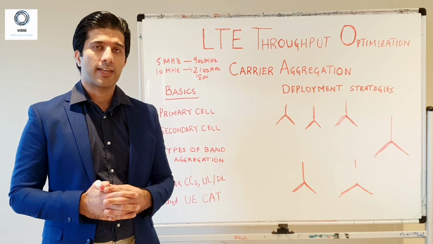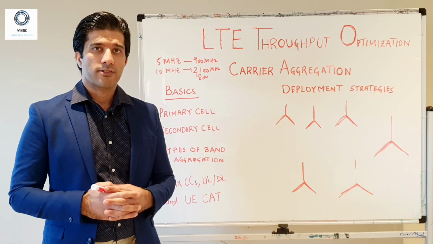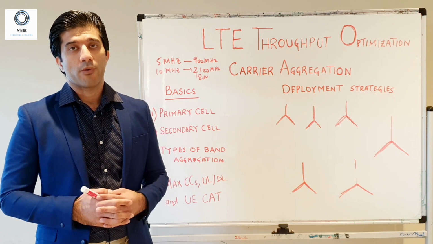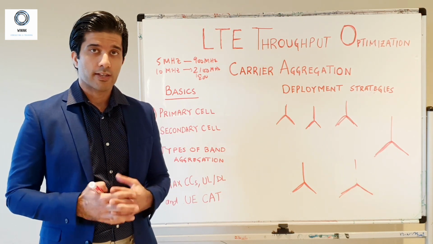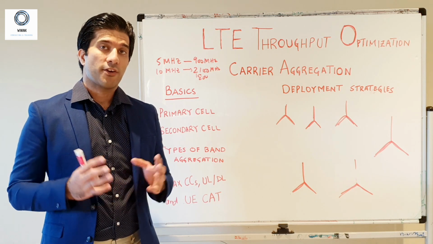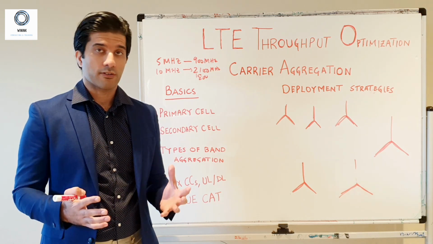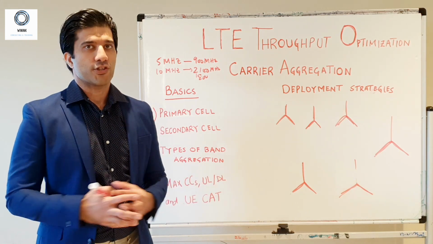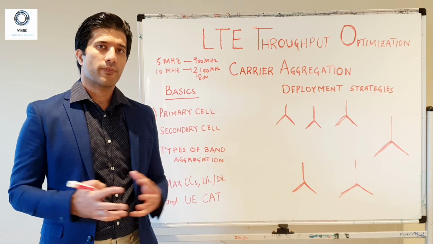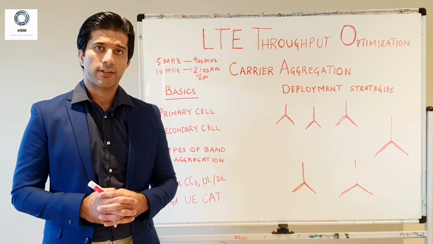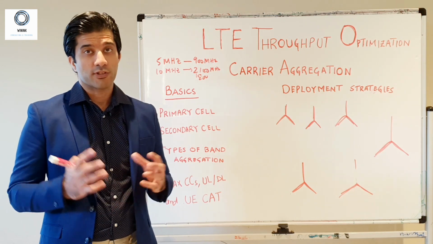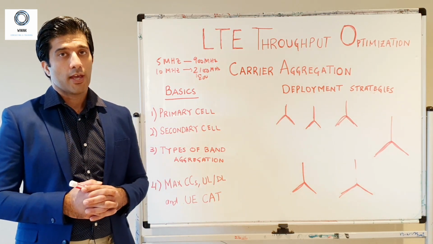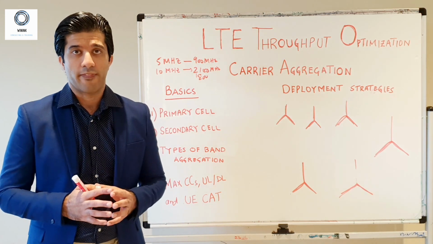You can add 3, 4, up to 5 component carriers, and if the bandwidth provided by one component carrier is 20 megahertz, in total you can provide 100 megahertz of bandwidth to a particular mobile station in a particular cell coverage area. In this video we will go through the basics of carrier aggregation, and also the most important deployment strategies, how you want to deploy carrier aggregation in order to achieve certain aspects in the network.